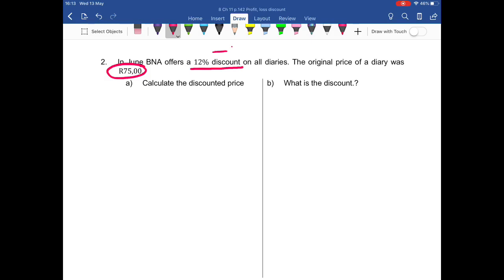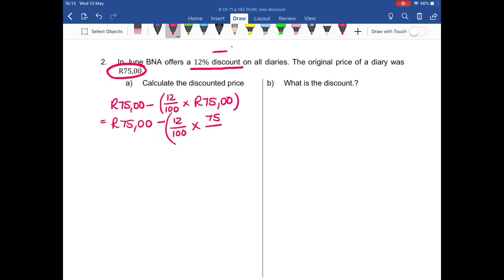So we want to take 75 Rand and reduce it by 12% of the price of a diary, which was 75 Rand. You can also write it as 12 over 100 multiplied by 75 over 1. If I do this calculation on my calculator, I'm going to get a value of 9 Rand.